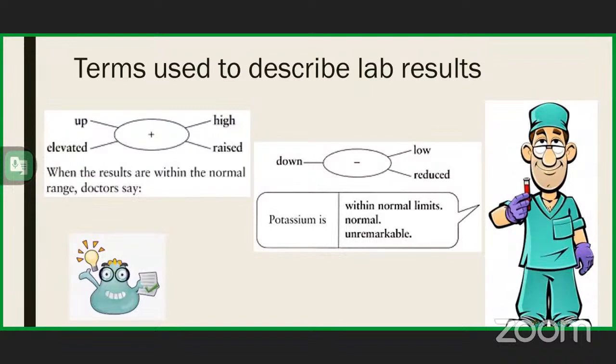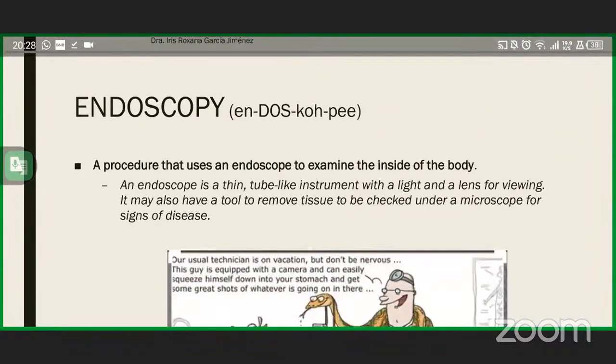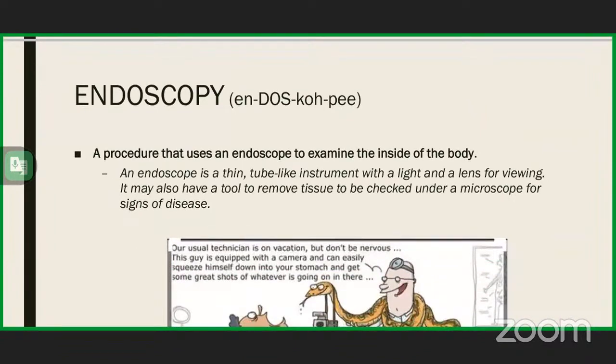You can say down, low, or reduced. For example, potassium is reduced, or sodium is down or low. According to the context, you can choose one of these expressions in order to talk properly. Check this slide. Of course, it's important because we have the chance to talk properly, right?